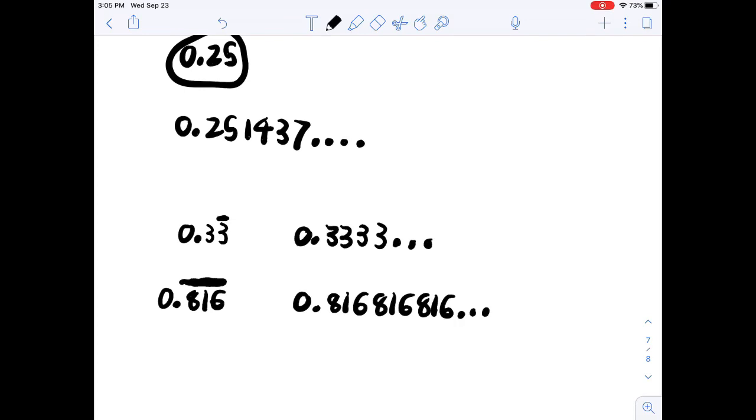So if a decimal has a repeating pattern, that means there's either one number that repeats on forever and ever, like 0.33 here, or there's a set of numbers that repeats in the decimal, like 0.816.